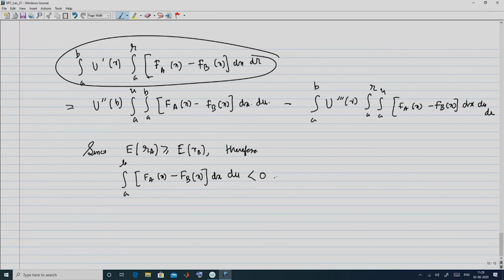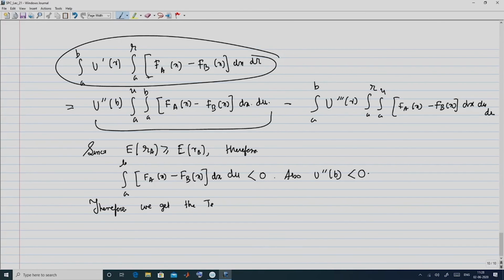Also, u double prime of B is less than 0. Therefore, combining these two, we get that this term is positive. So, this term is greater than 0.